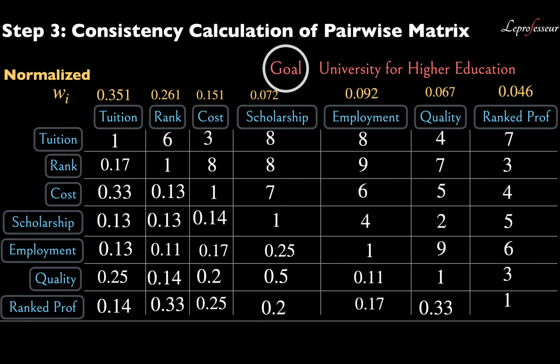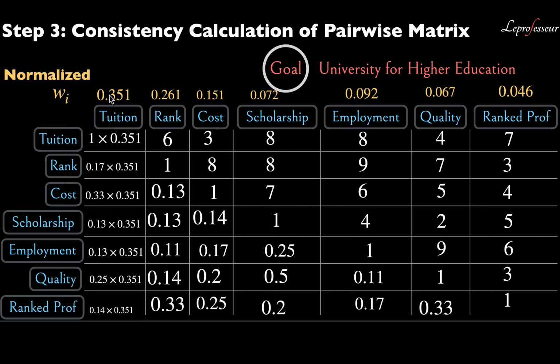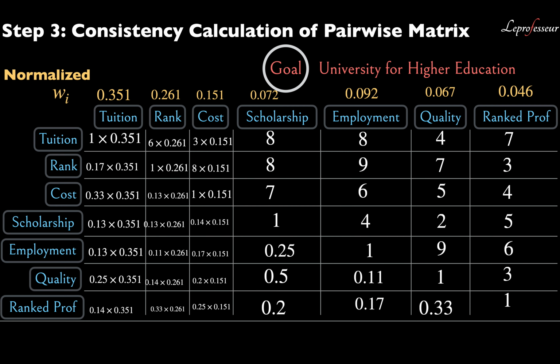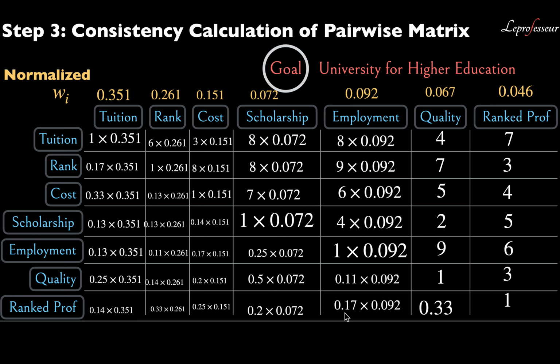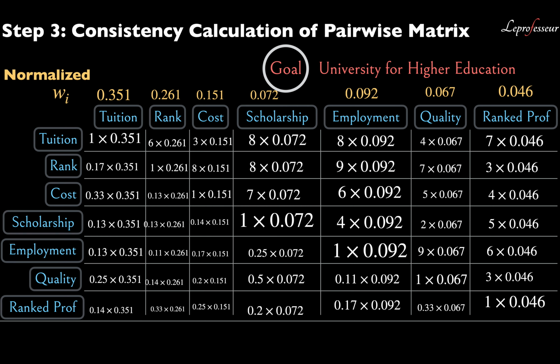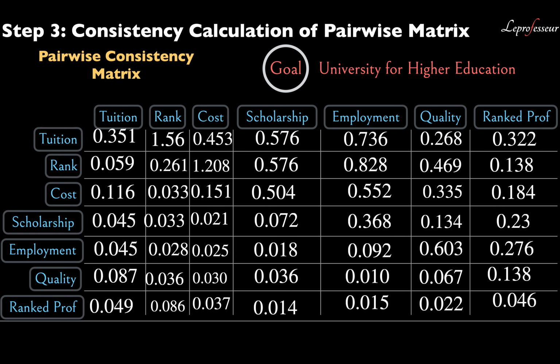So we multiply each entry of the column with the column weight. All right, so we came up with these numbers.